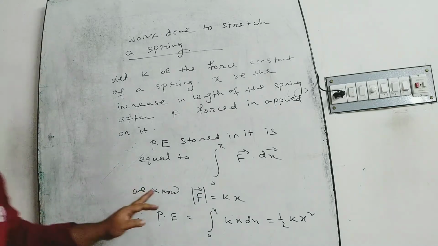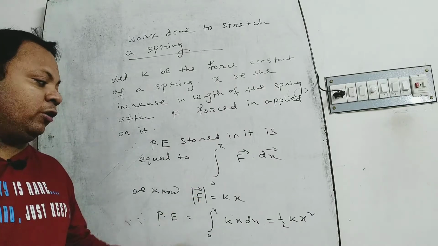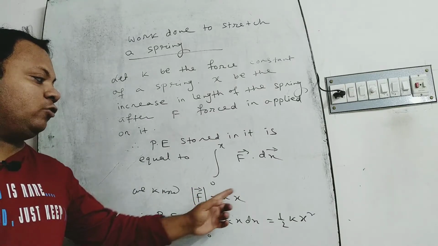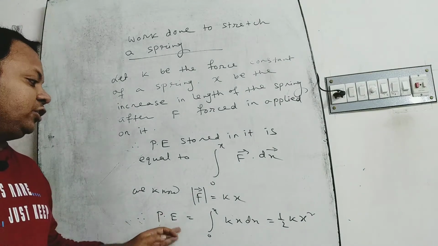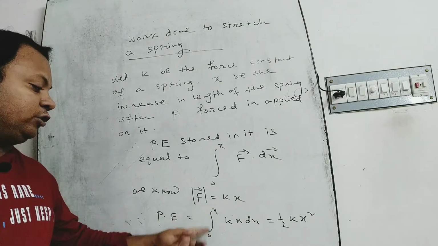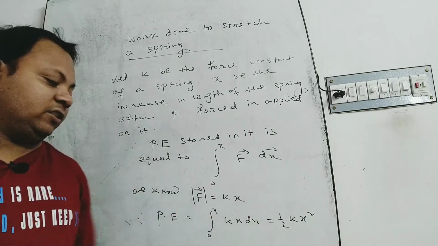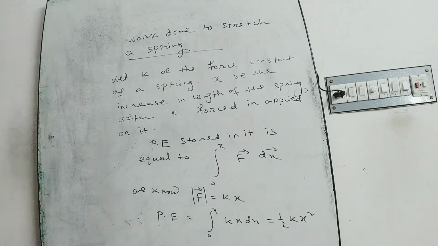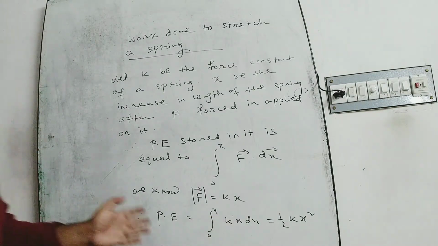And we know that the magnitude of the elastic force is equal to k into x. Therefore, potential energy stored in the spring is the integration from 0 to x of kx dx, which is equal to half k x square. This is the expression of potential energy stored in a stretched spring.